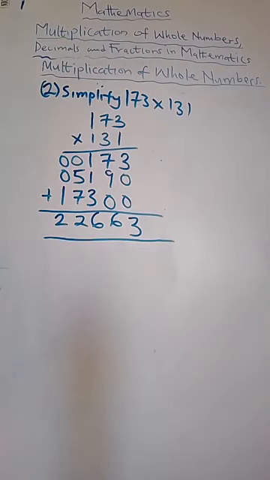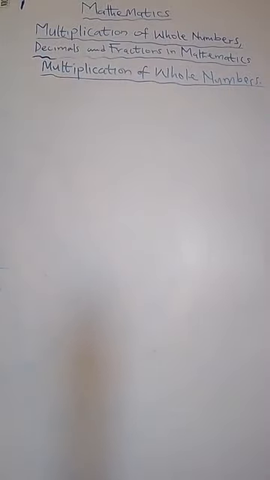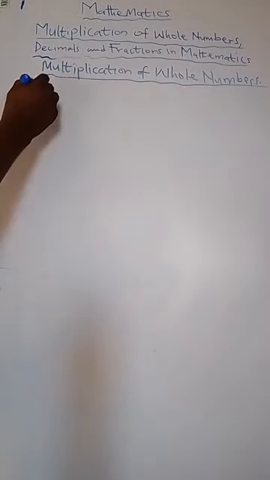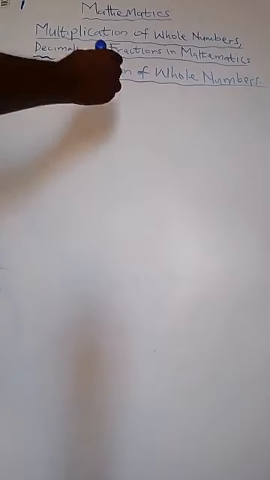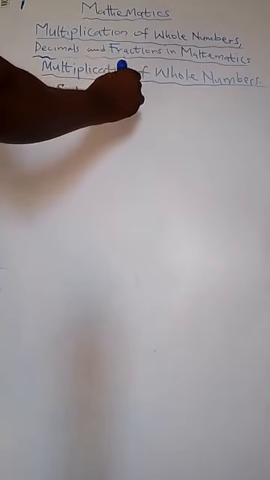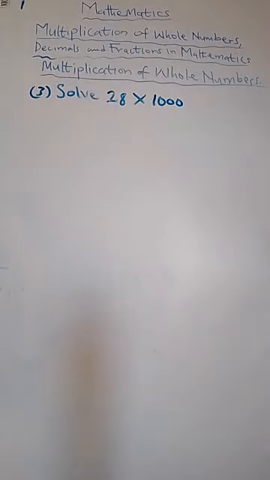Let's look at another example to boost our knowledge of multiplication of whole numbers. Now, let's say you have a question that says 3. Solve 28 times 1000. Now, this kind of question is what we call multiplying a whole number by a power of 10.